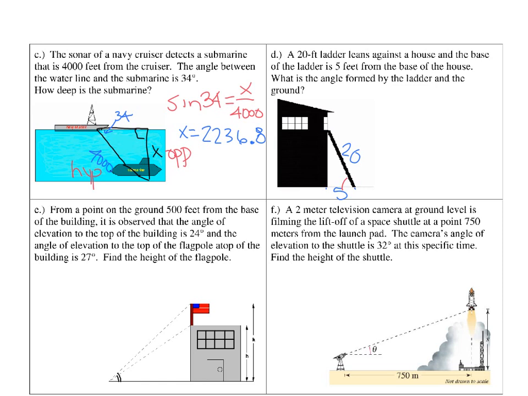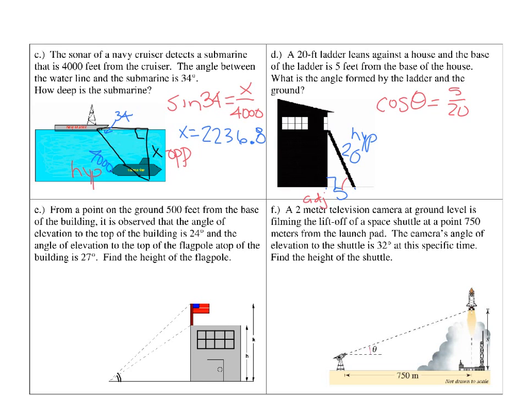First, based on the angle that we're looking for, which is the angle formed by the ladder and the ground, I've already identified it, and there would be my right angle. So this is the hypotenuse and this is the adjacent side. If I have adjacent and hypotenuse, I'm using cosine: cosine of theta equals adjacent over hypotenuse.